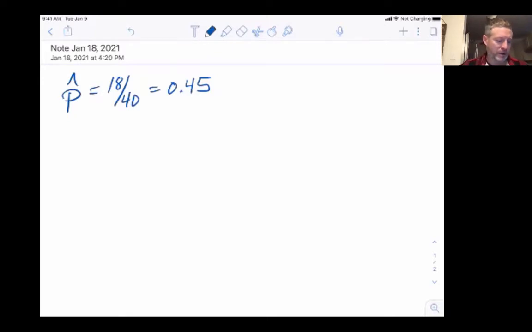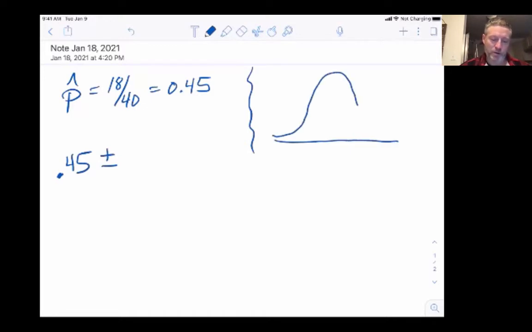Basically, we're going to start with our 45%, and we're going to go above and below a certain number of standard deviations. But now we need to take just a little side journey. We know that 2 standard deviations accounts for about 95% of whatever's under a normal model. But let's go back and double check that.